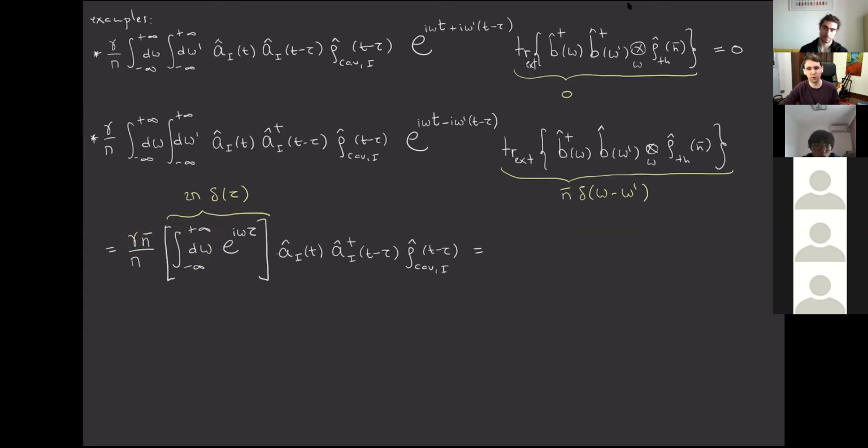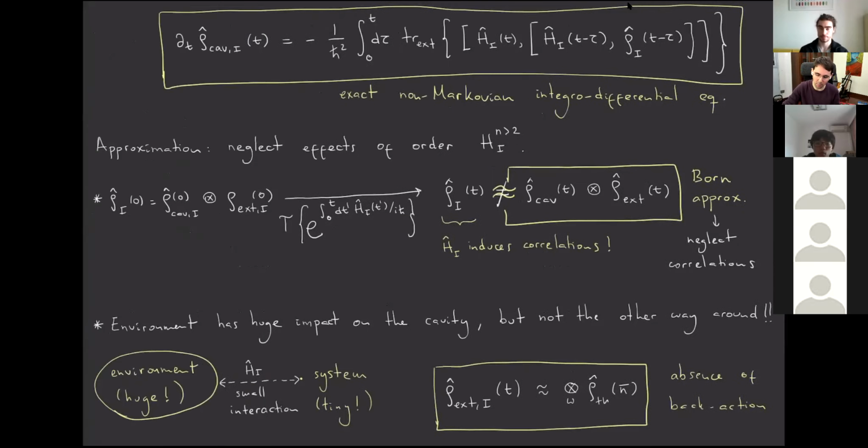So we see at this level that the approximation that gamma didn't depend on omega can already be seen as what we will call a Markov approximation. So this equation is in principle non-Markovian, but together with the Born approximation, it becomes Markovian if the coupling is assumed not to depend on the frequency.